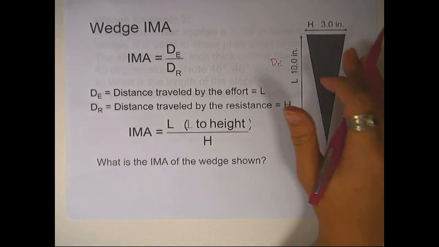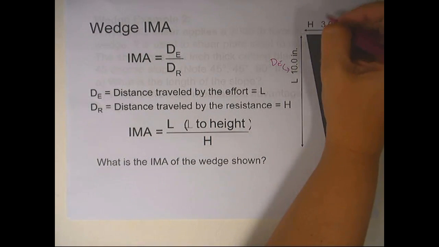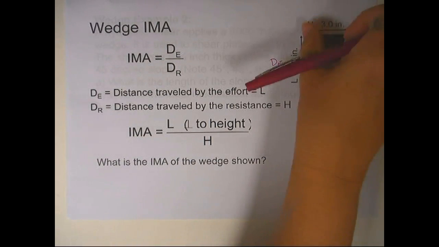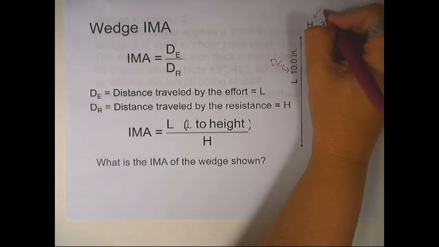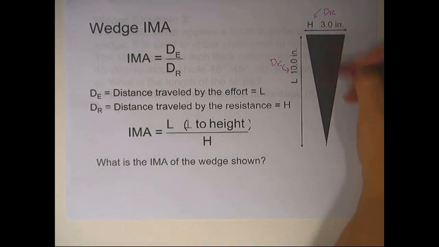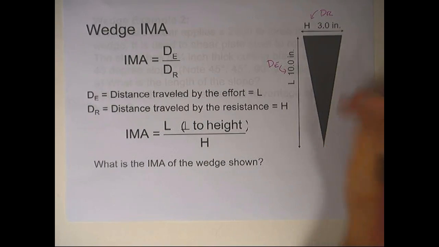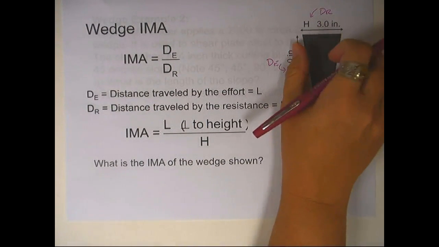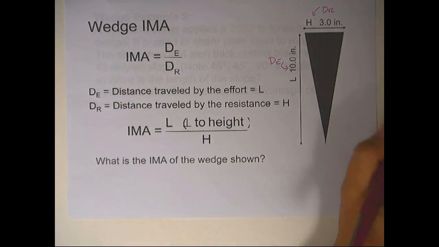And then the height, they call this the height, but it's how wide the wedge is there. This is my DR. I think these letters are a little tricky, but if you realize that this is my DE, because it's how far I have to push the wedge into the material, and the DR is how wide it is, that's how far I'm pushing the material apart, it makes a little more sense.